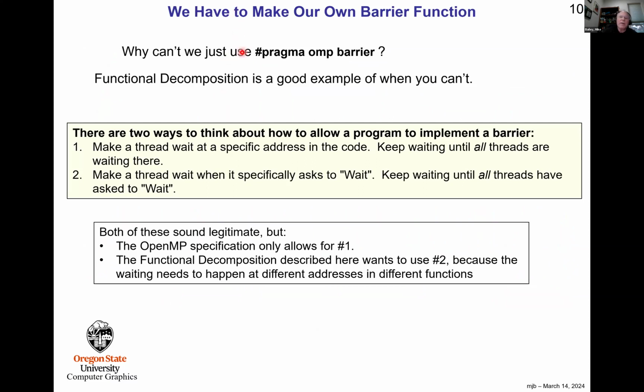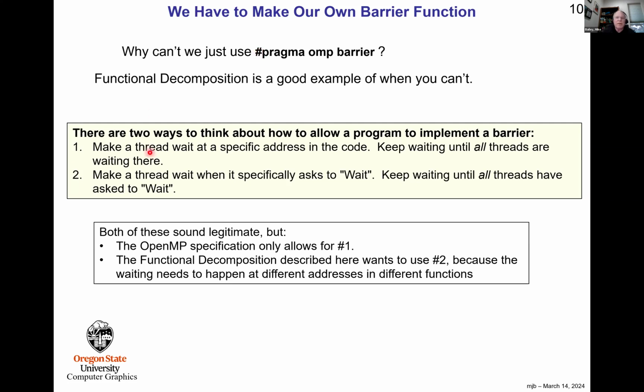Okay, now we could just put, every time we need a barrier, sure, let's just put pound pragma OMP barrier in there. And that won't work. Why? Because, well, when I think about barriers, I can think of two ways to implement them.